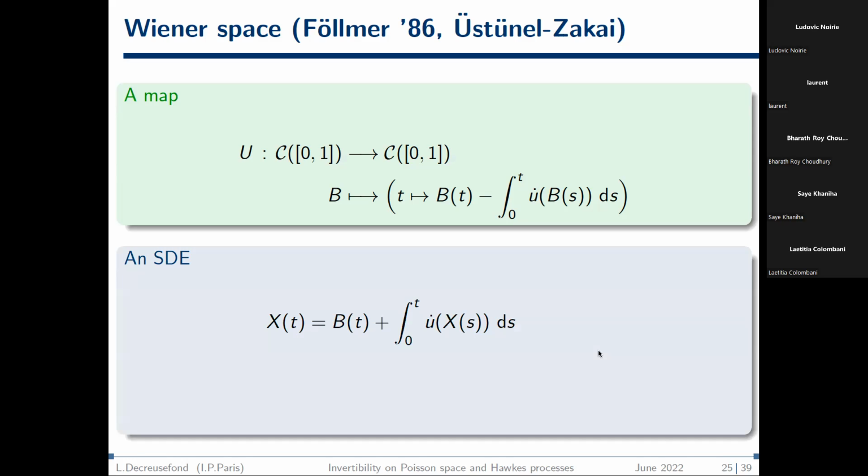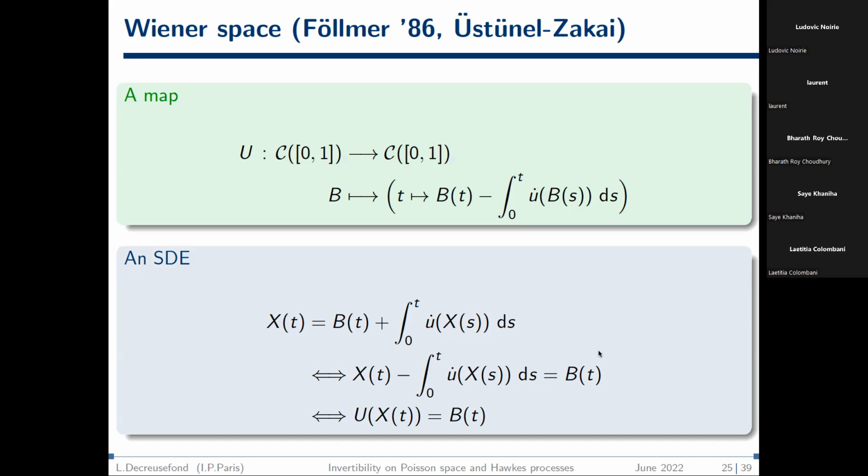And you have another toy, which is a very simple example of a stochastic differential equation: x of t is b of t plus the integral from 0 to t of u dot x_s. And the remark is the following: this equation is equivalent to this equation, I just put the integral term on the other side of the equal sign.